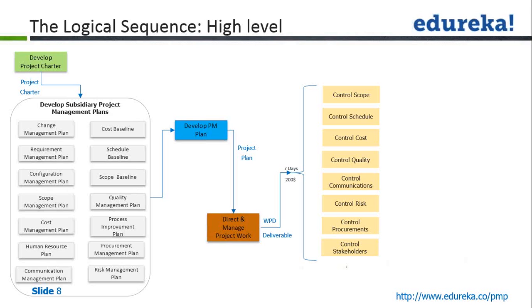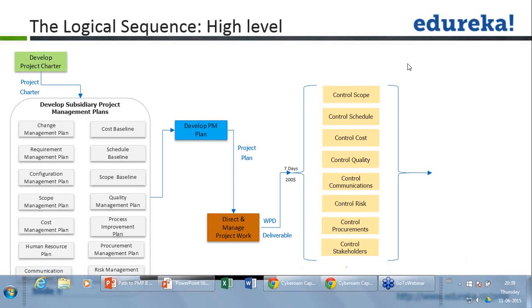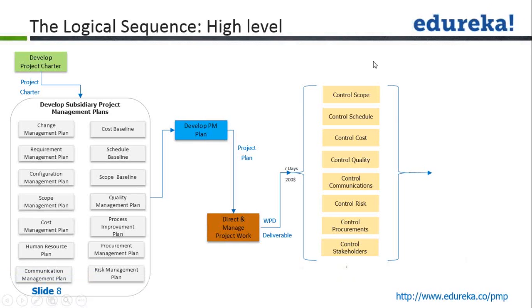Similarly, we will look at control quality, control communication, risk, procurement, and stakeholder processes. We will look at that respective element of the project, and check how the work is going on. When we process and analyze that data for each respective knowledge area, what we get is work performance information.